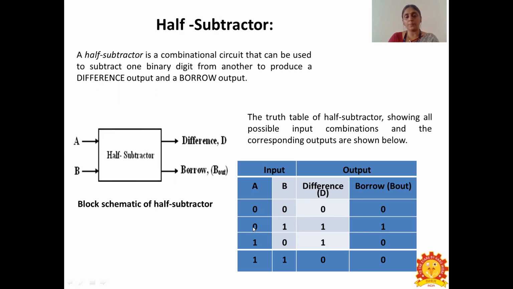And the second input combination 0, 1, where the difference is 1 and borrow is 1. And the third input set AB, where the inputs are 1 and 0, where it shows the difference as 1 and borrow as 0. And the last input category with A input as 1 and B input as 1, which shows the output difference value as 0 and borrow as 0.